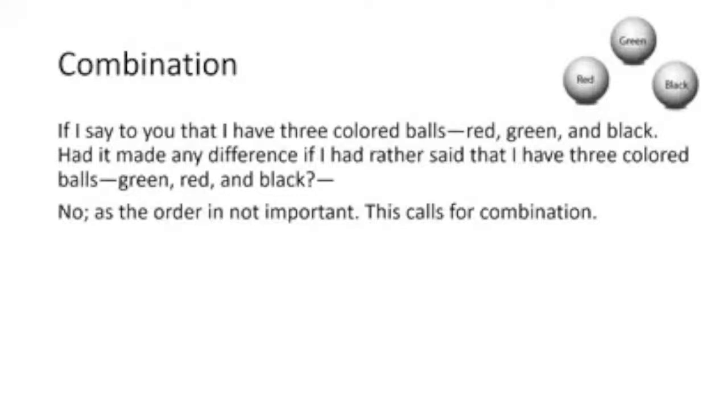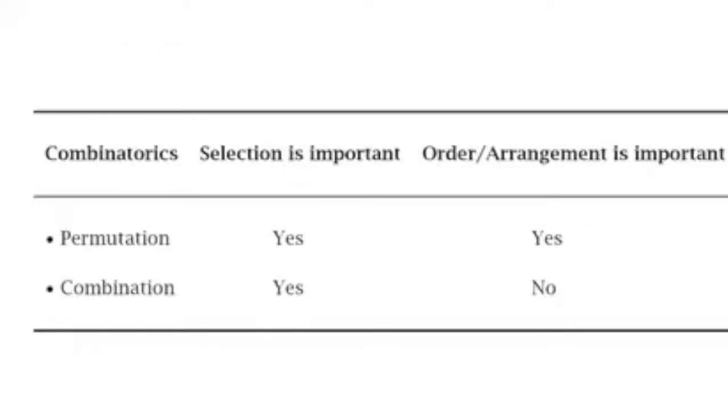Only selection. So permutation means, remember, selection plus order. Combination means only selection.